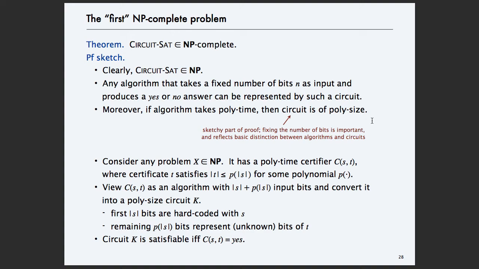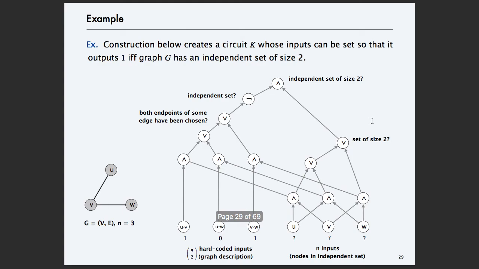And so every NP complete problem would have a corresponding circuit. Isn't that cool?